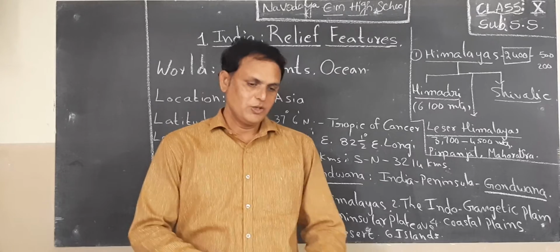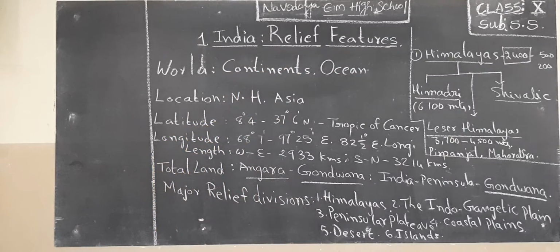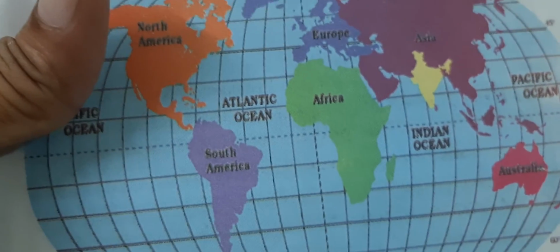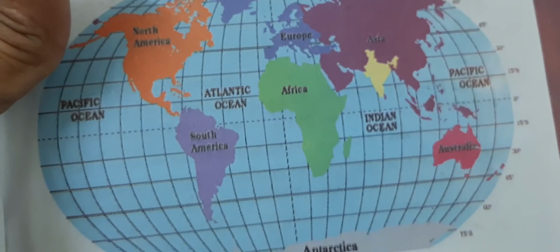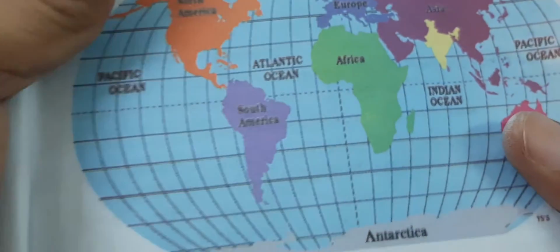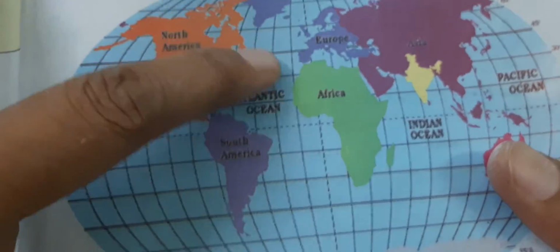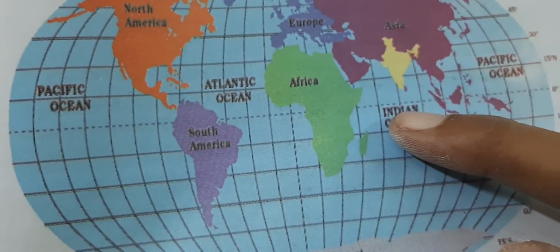Okay children, now I want to show you some pictures or a map in your textbook. Children, look here. So this is the globe, we know already. This is the Pacific Ocean. This is the Atlantic Ocean. This is the Indian Ocean.